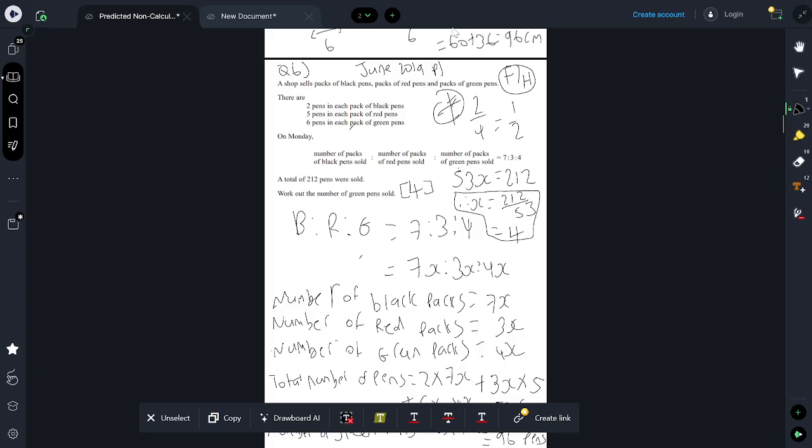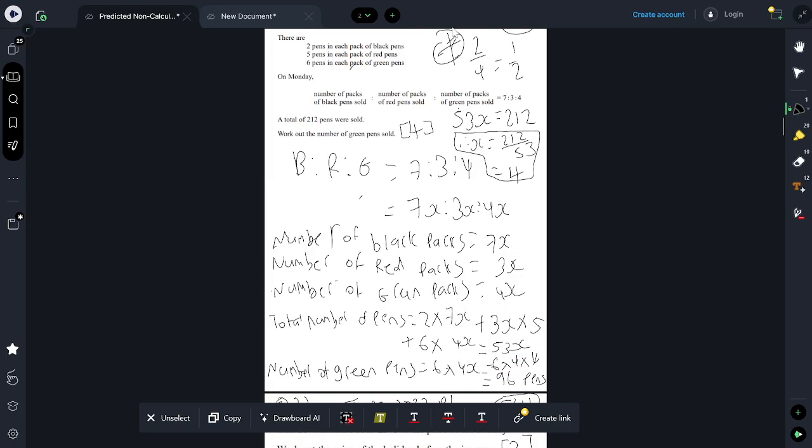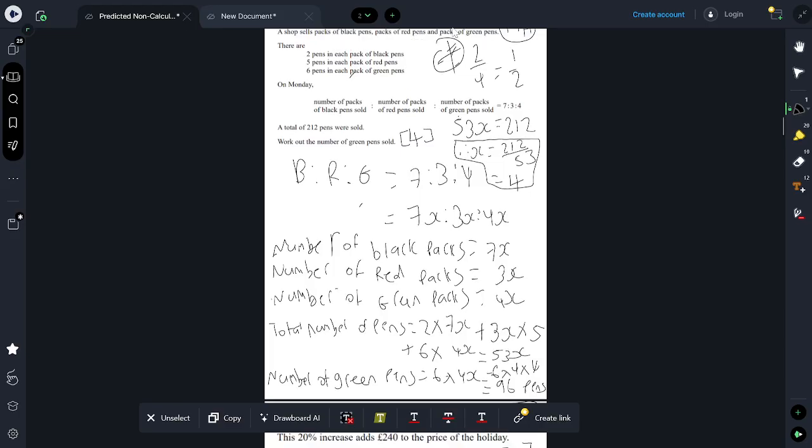If you want to get the true amount of packs, essentially getting rid of the ratio, you want to get an actual number, you times by a number to scale it to give you the true amount. This is kind of like a multiplier, right? So this multiplier gives you how many true amounts there are. Once you realise that, hopefully it makes sense.